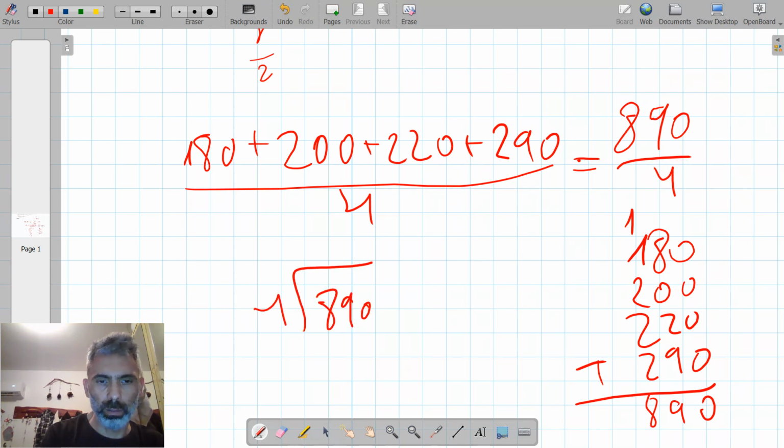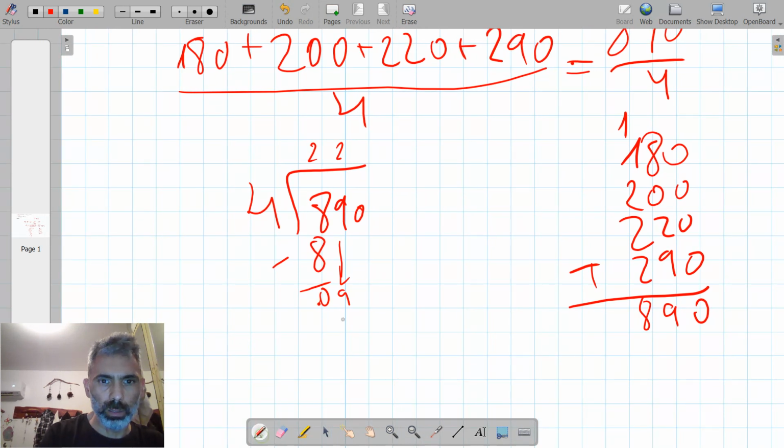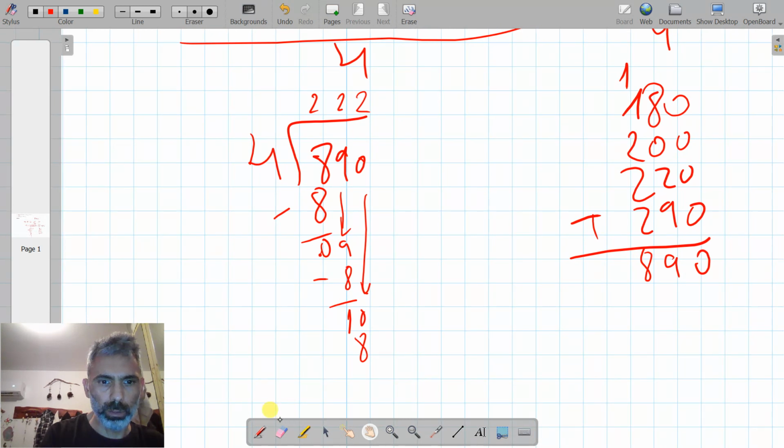890 divided by 4: 4 goes into 8 2 times, 4 times 2 is 8, no remainder. We're down to 9, 4 goes into 9 2 times, 2 times 4 is 8, subtract, a remainder of 1, bring down 0, and 4 goes into 10 2 times, 2 times 4 is 8, a remainder of 2.